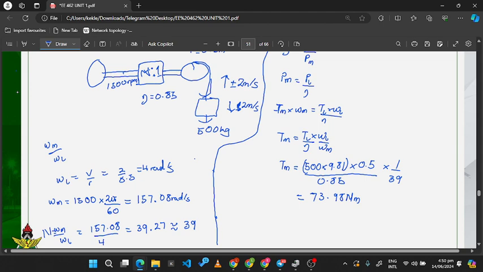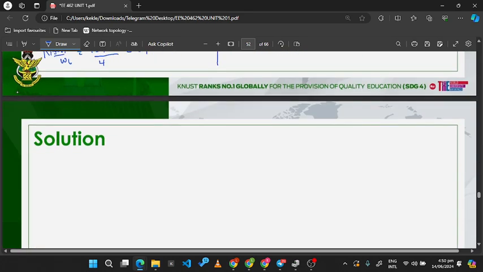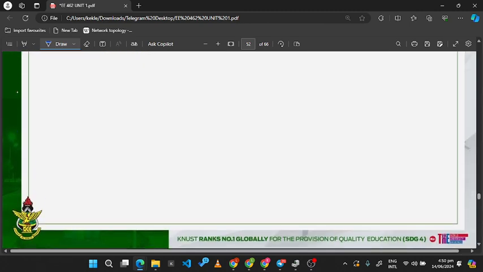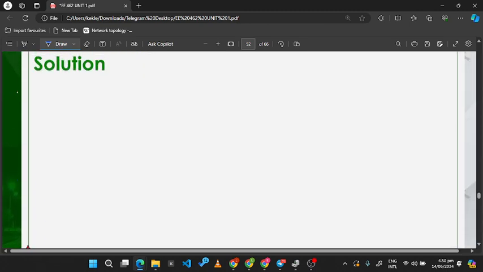In this case the efficiency would be P_M over P_L, since the motor is now the output.